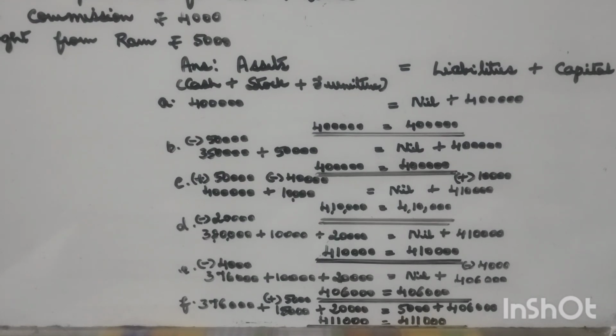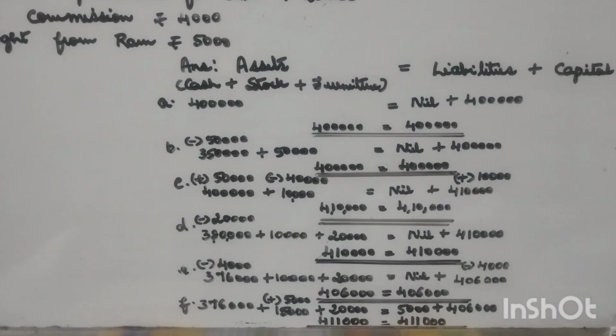Second transaction, cash purchase, rupees 50,000. In the sense, goods purchased by the firm for cash. So it is a cash purchase transaction. So firm's cash balance will be affected. So 50,000 must be deducted from the cash amount, which is 4 lakh.